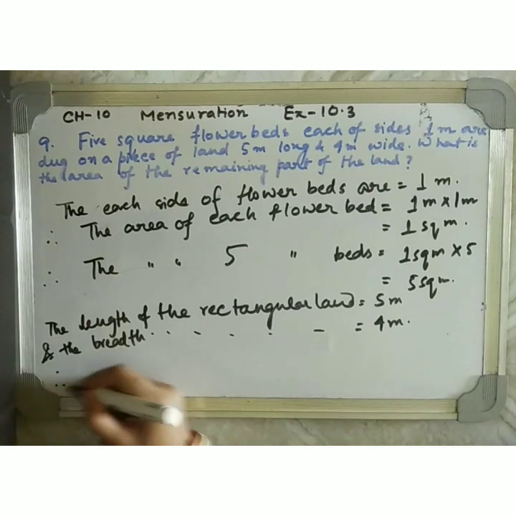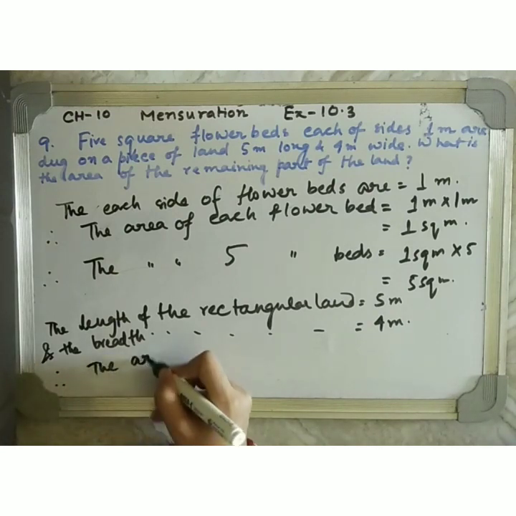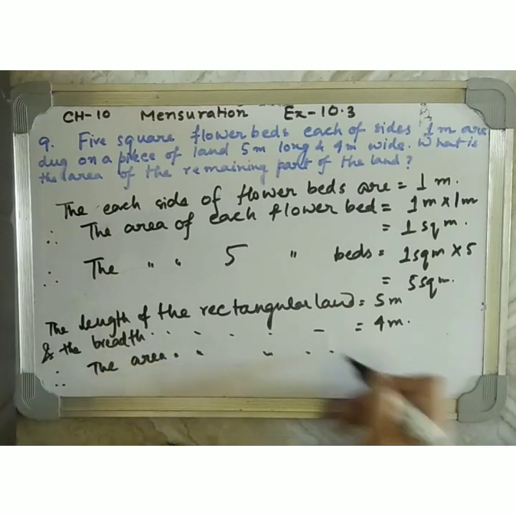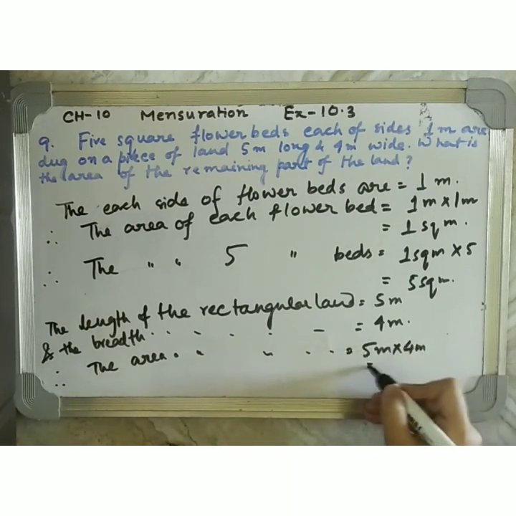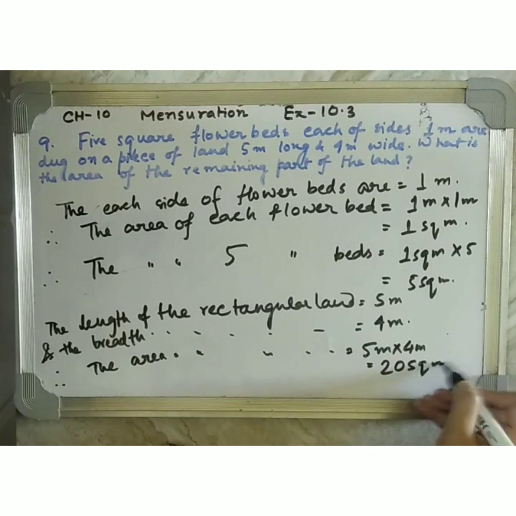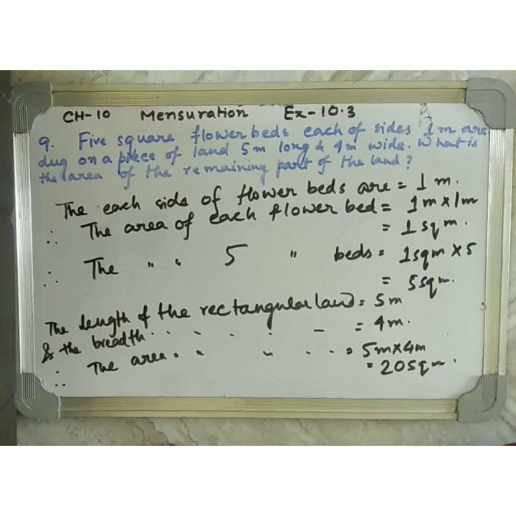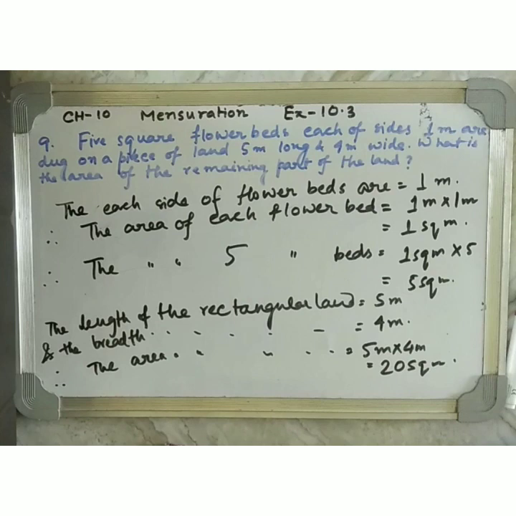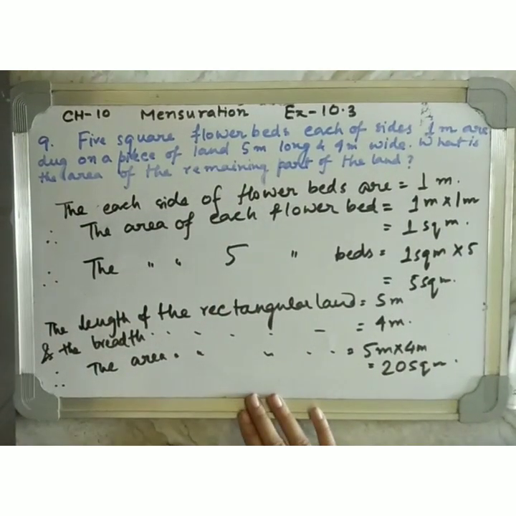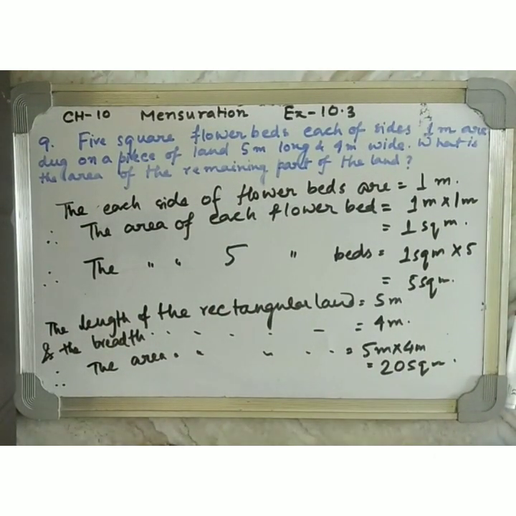Therefore, the area of the rectangular land is equal to 5 meter into 4 meter, that is 20 square meter. Okay, now from these 20 square meter, these 5 square meter of land are dug out, isn't it? So what we have to do, in the question it is written, what is the area of the remaining part of the land? So the land was of total area 20 square meter.